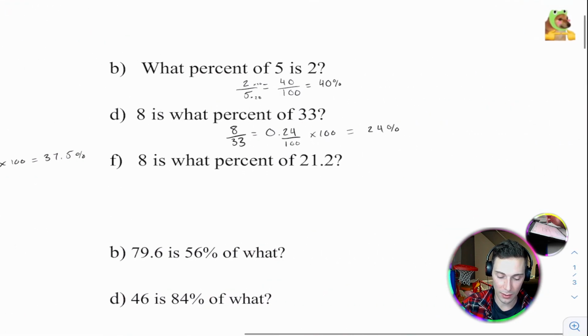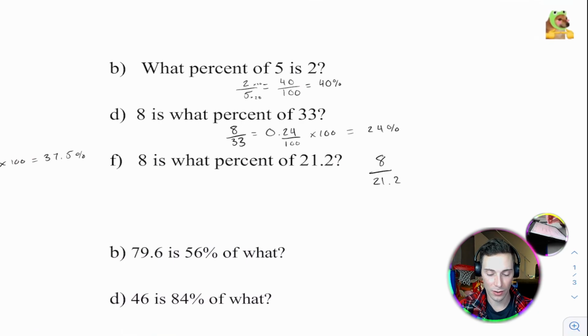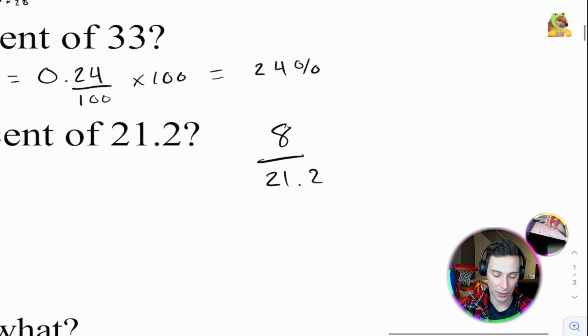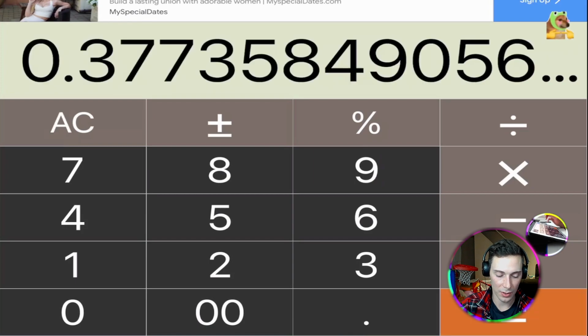8 is what percent of 21.2? 8 over 21.2. All right, that's our fraction, but it is also a division statement. 8 divided by 21.2, that's going to be equal to 0.377.